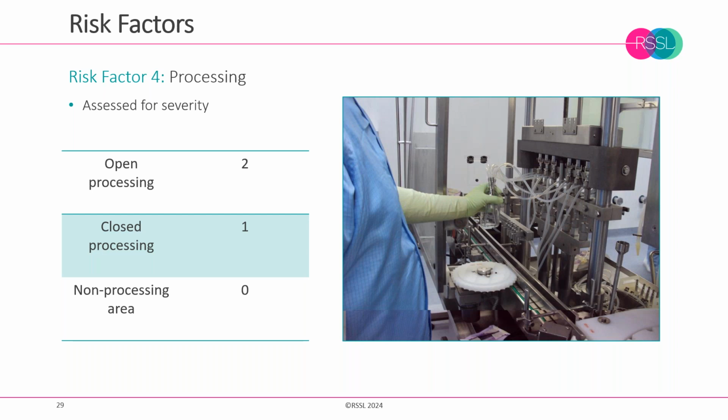Closed processing has a much lower risk, and as long as we've got good integrity, then contamination ingress into the product is going to be very low indeed. And of course, we're going to have some rooms that are not used for processing at all. So we may have an office area within a clean room, for example.